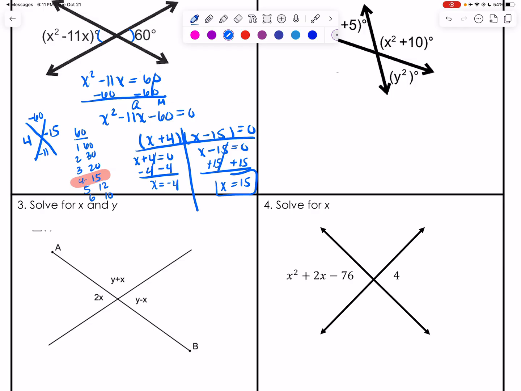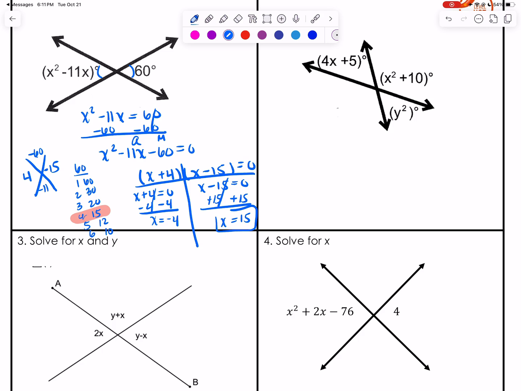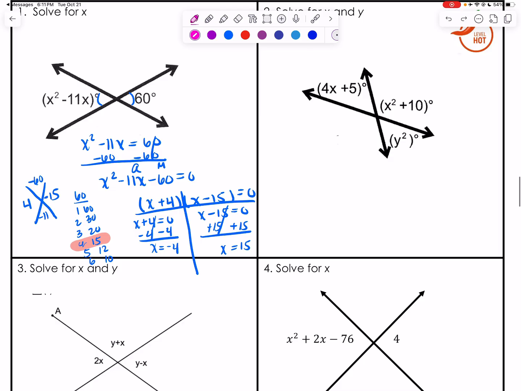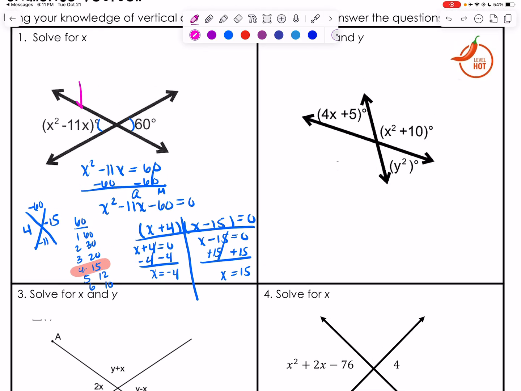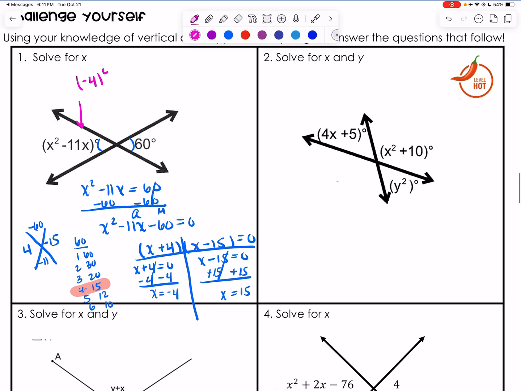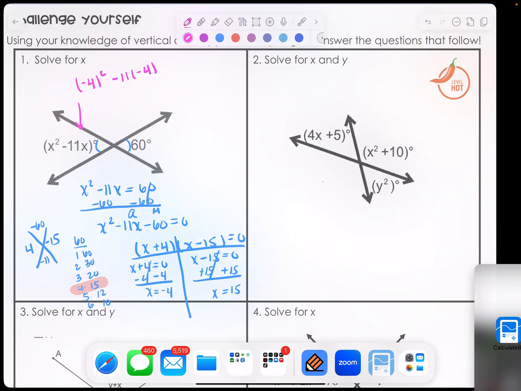Now, in the first part, we have to figure out if we're going to reject an answer. So if I go to my x squared minus 11x and plug in, say, negative 4, let's see if that gives us a positive angle. Let's see if it gives us that positive 60.